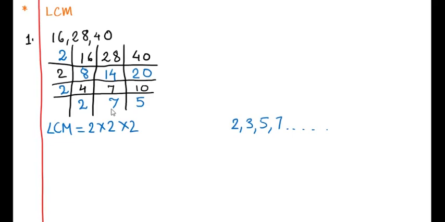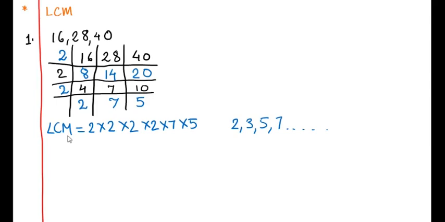So all these factors in the first column and last row are the factors which when we multiply we will get the LCM.